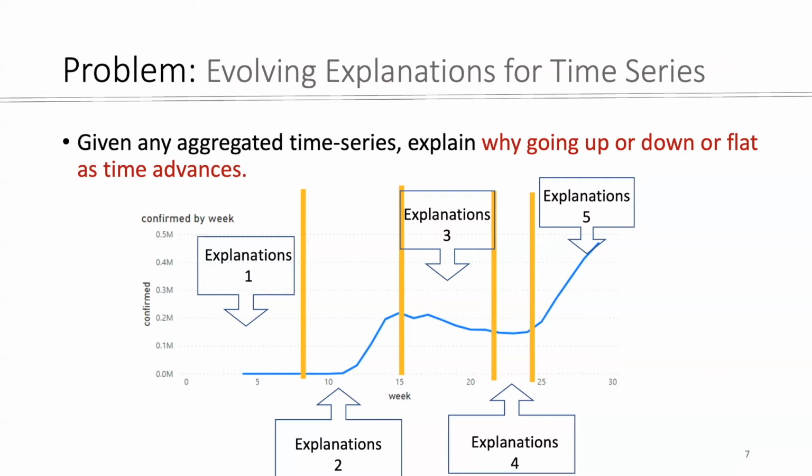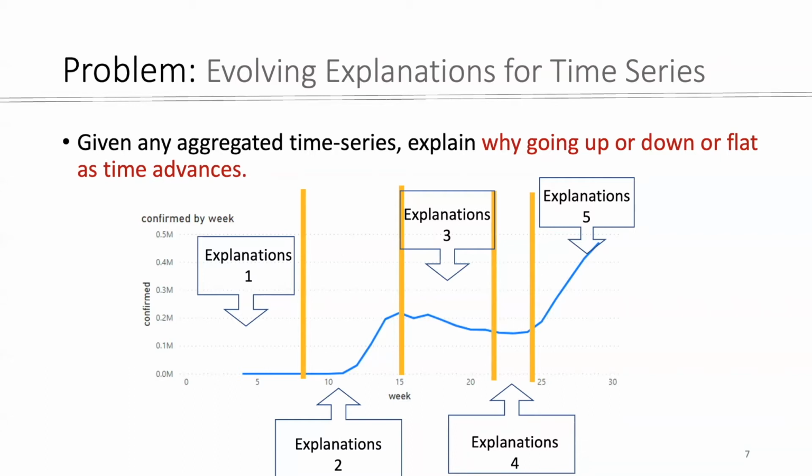The trend line has multiple different reasons at varying time periods. For example, the first flat period is because of explanation 1, and the second uptrend is because of explanation 2. What we want to do is to show the users the underlying evolving explanations.